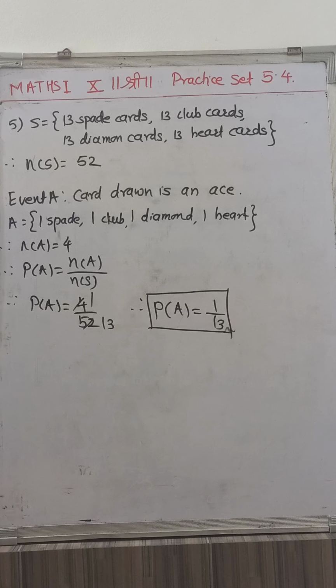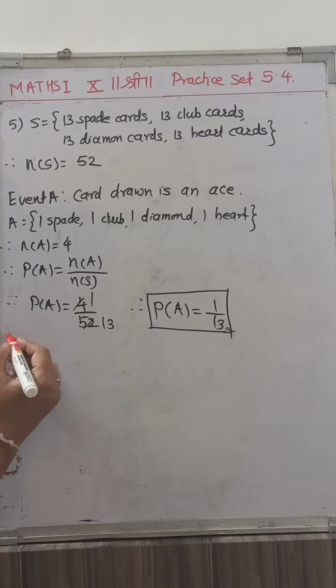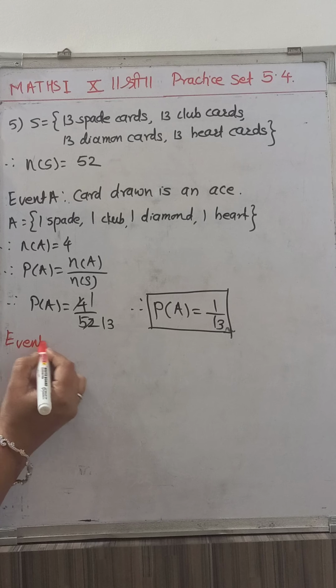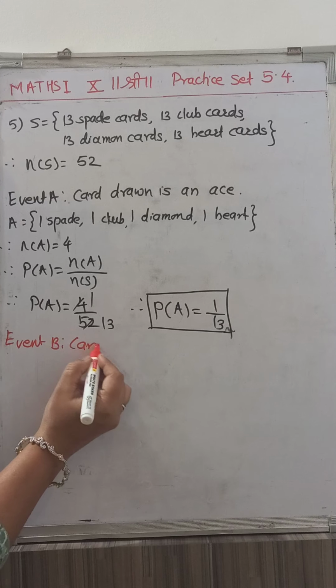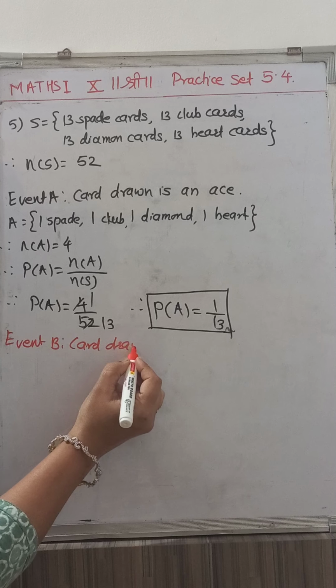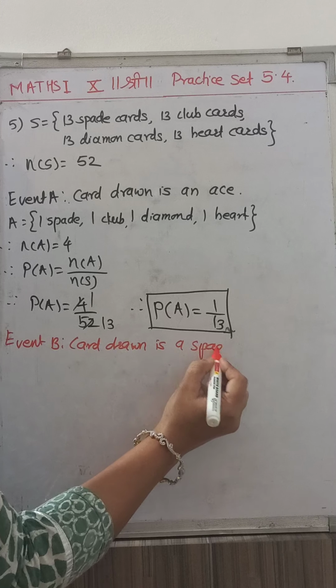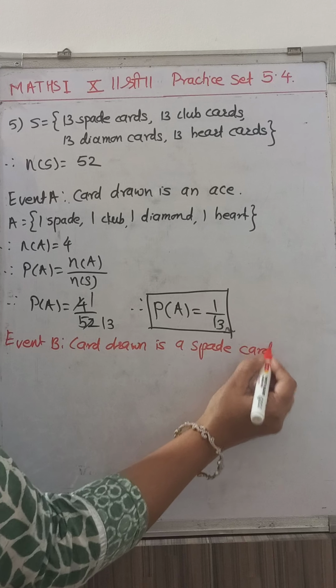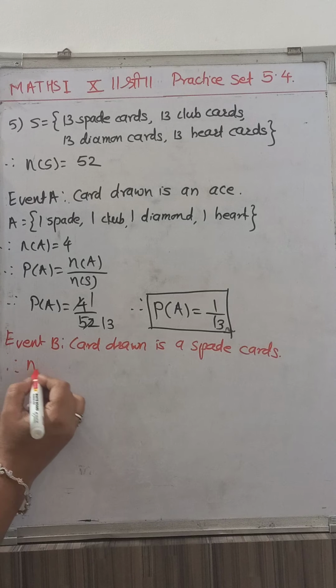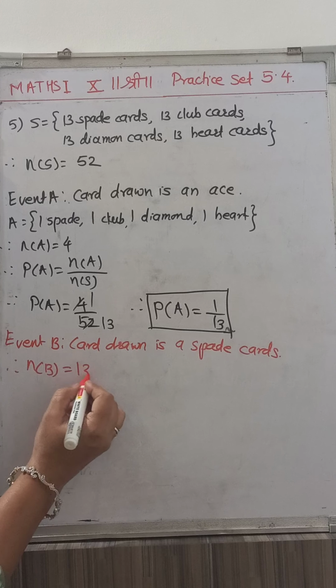Now what is event B? Card drawn is a spade card. Event B, card drawn is a spade card. So we know that there are 13 spade cards. Therefore n of B is equal to 13.